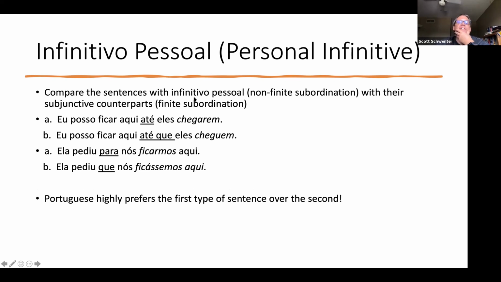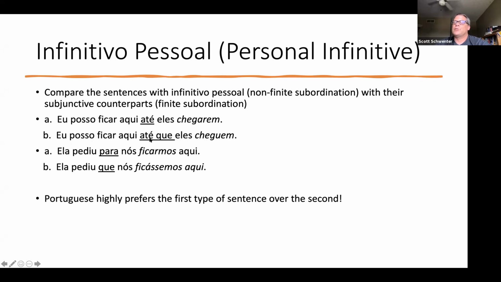So here we have, compare these sentences with the personal infinitive and their subjunctive counterparts, right? So, eu posso ficar aqui até eles chegarem. So I can stay here until, so até is hasta, until they get here. Or eu posso ficar aqui até que eles cheguem, right?